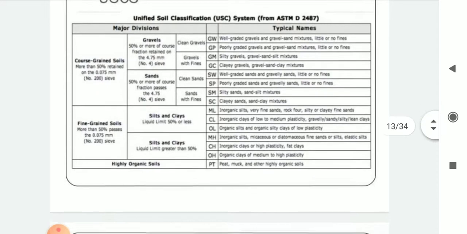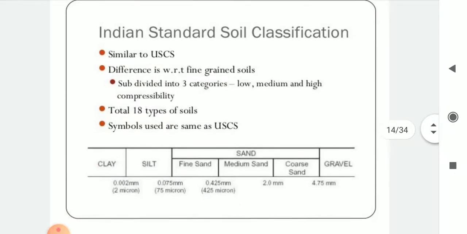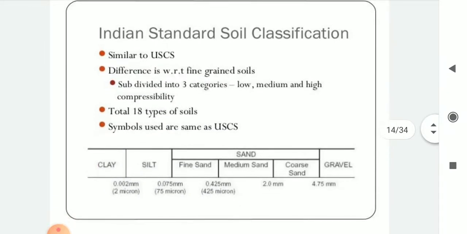Shown in table. Then the Indian Standard Soil Classification, that is ISSC, is similar to USCS. The difference is with respect to fine grained soils, which are subdivided into three categories: low, medium, and high compressibility. Total 18 types of soils are there.